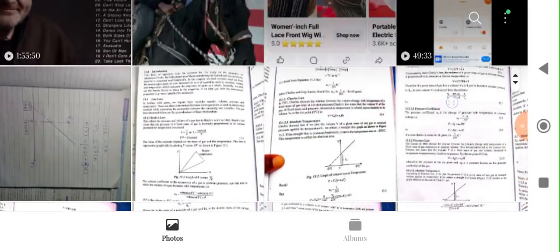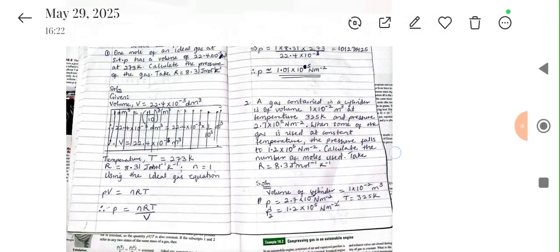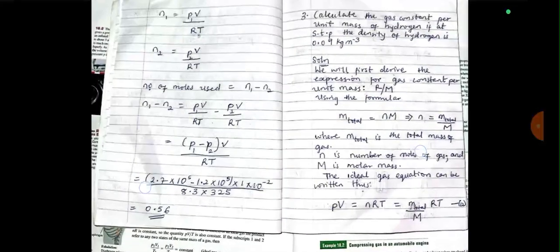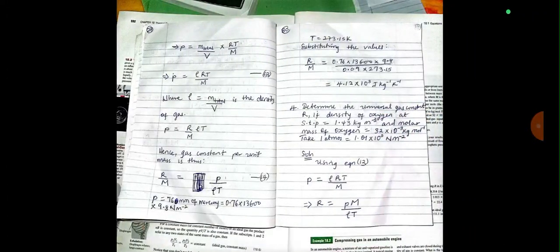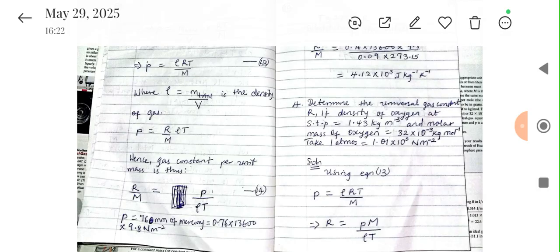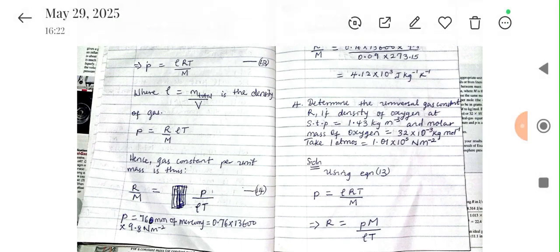So this is equation 13 here, where in the former example we found another expression for the ideal gas equation in terms of density and gas constant per molar mass.